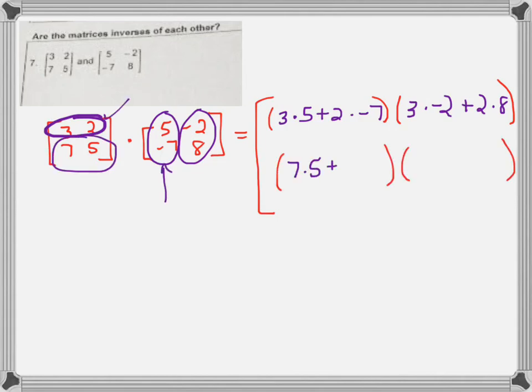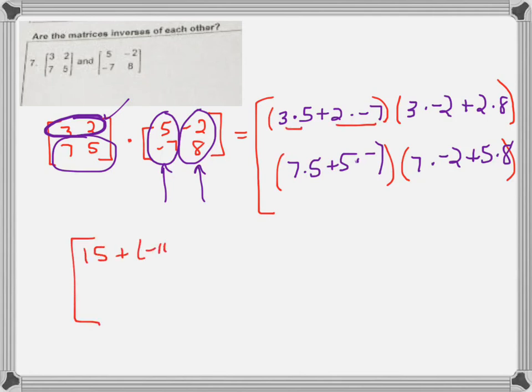And then I'm done with row 1, so moving on to row 2, I'm going to get 7 times 5 plus 5 times negative 7, and then row 2, column 2 will be 7 times negative 2 plus 5 times 8. So simplifying row 1, column 1, we have 15 plus negative 14, and I'm going to go ahead and do that last matrix at the same time, simplifies to be 1.